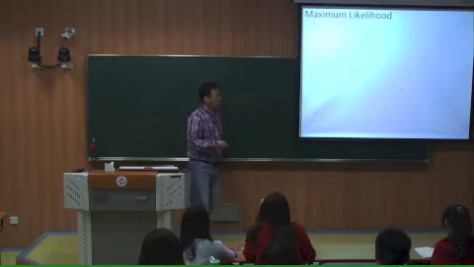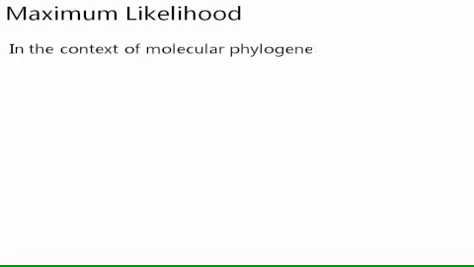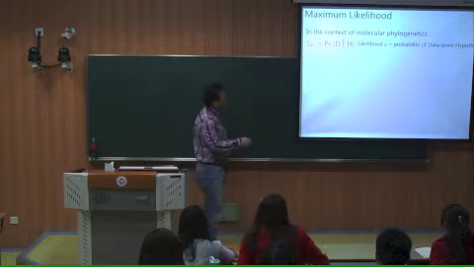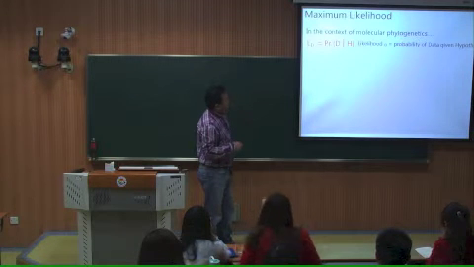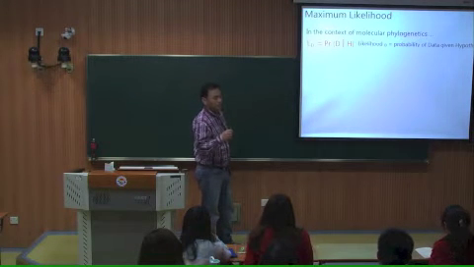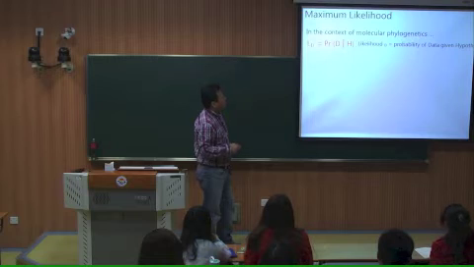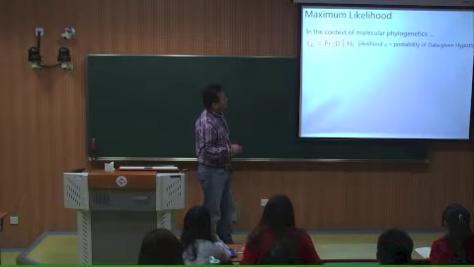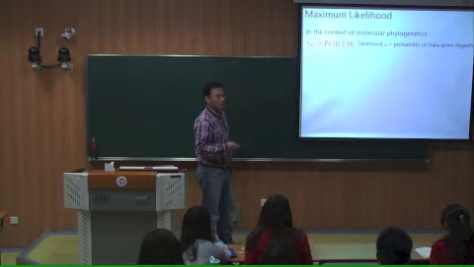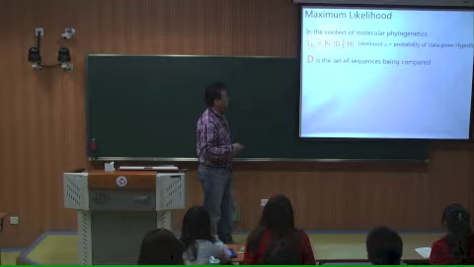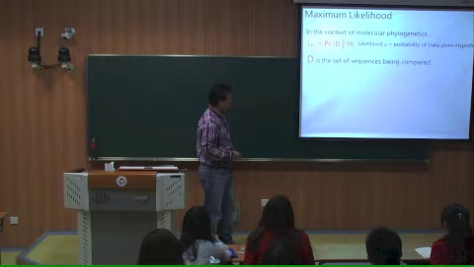Okay. So in the case of molecular phylogenetics, we know the data is a sequence we observed, and the hypothesis is a tree, and also other parameters.